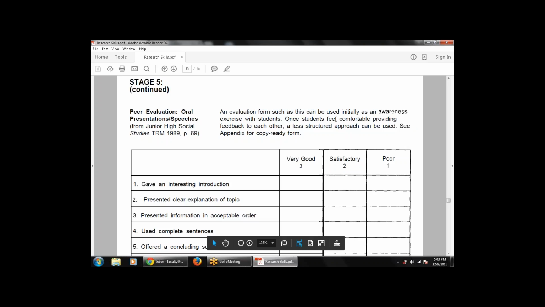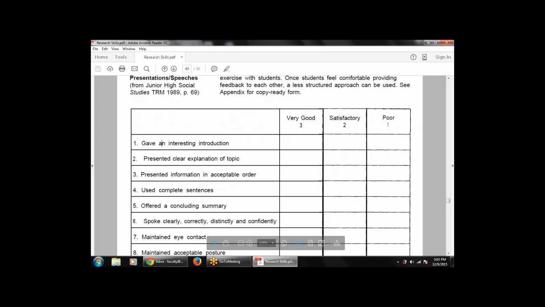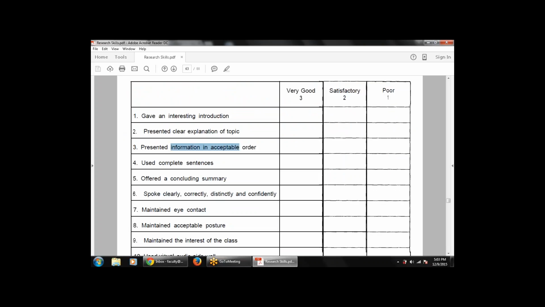An evaluation form such as this can be used as an awareness exercise. Gave interesting information, that is used here. Then presented the information in an acceptable form, that is also available in this form, either in an acceptable order or at the appropriate difficulty level.